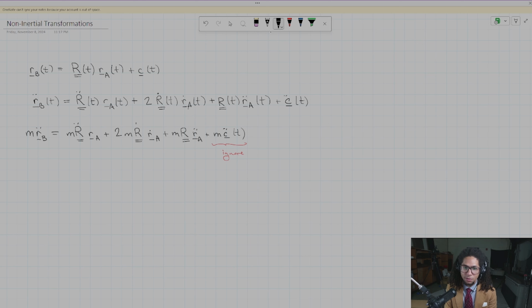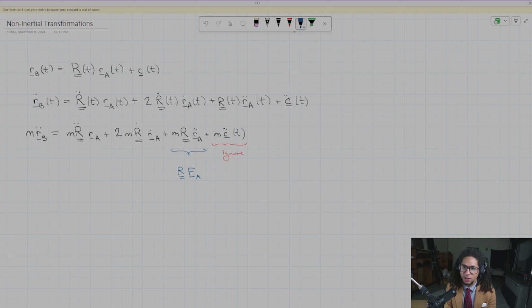The last thing before we start thinking a little bit more critically about our matrix is that this is just our matrix times F in the A reference frame. So this is the force in the A reference frame.